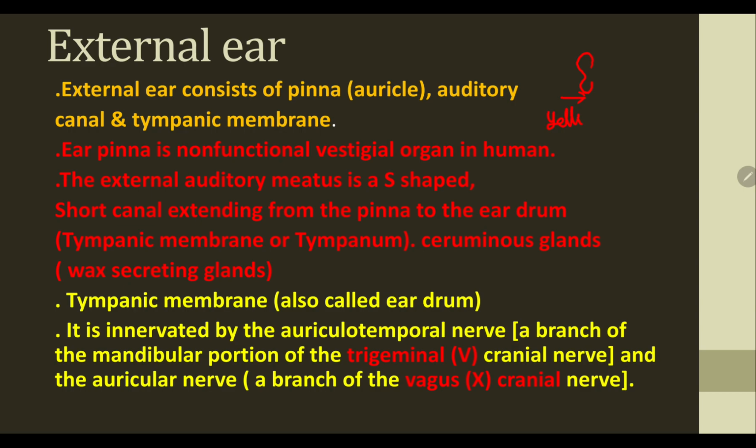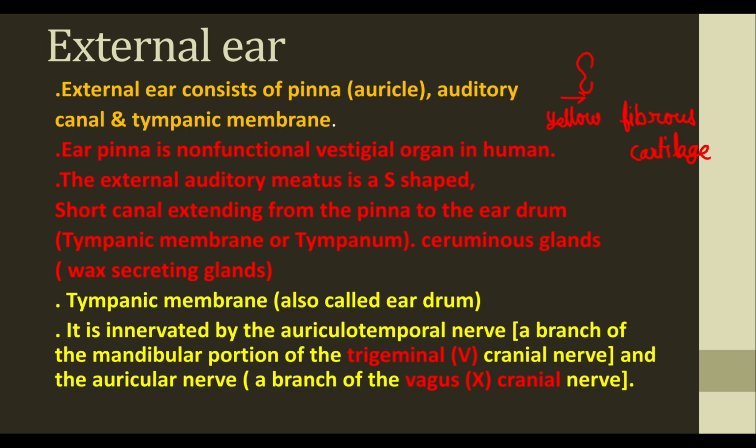To that extent, its function is to collect sound and transfer it to the external auditory canal. Have you observed that cows can move their ear pinna nicely? They use it to protect the entry point of their ear. That is not present in humans, but anyway, this is the possible function of our external ear.